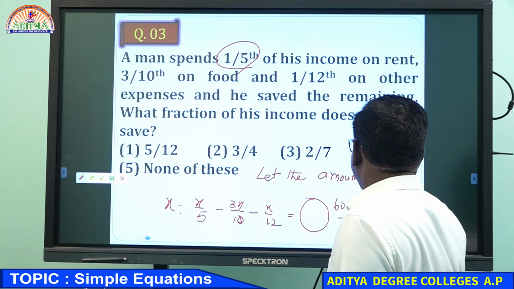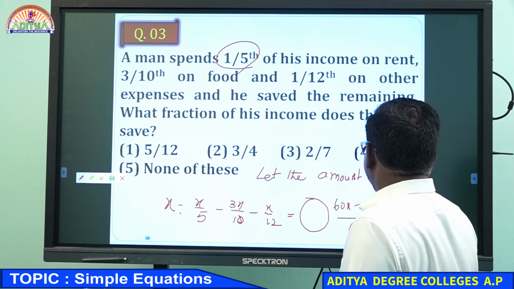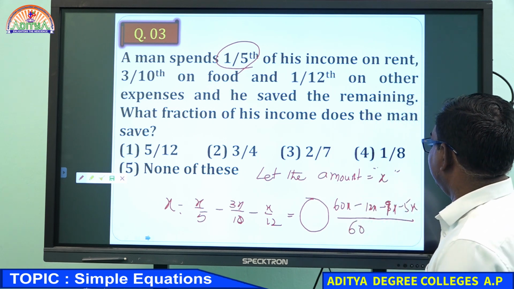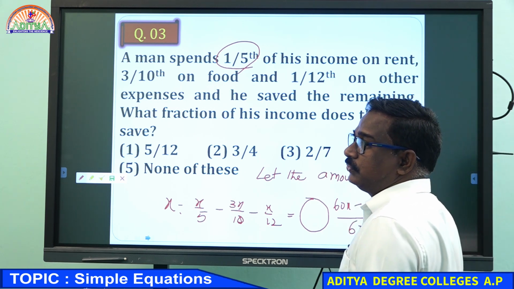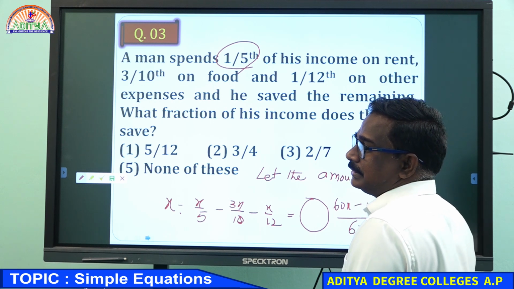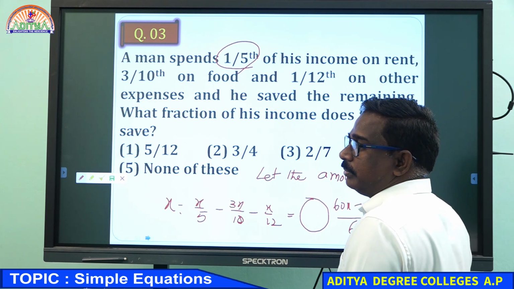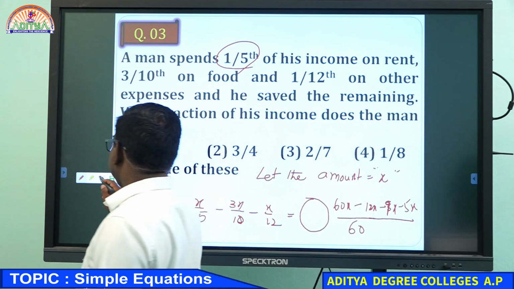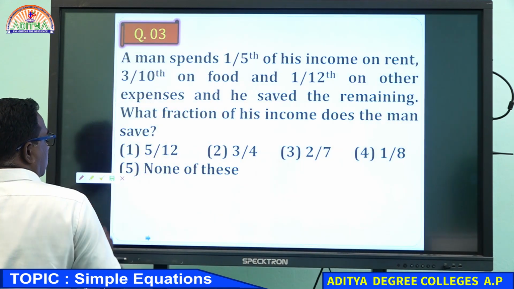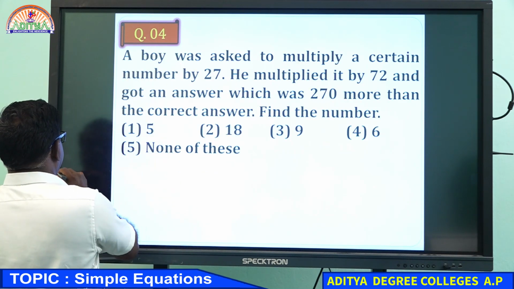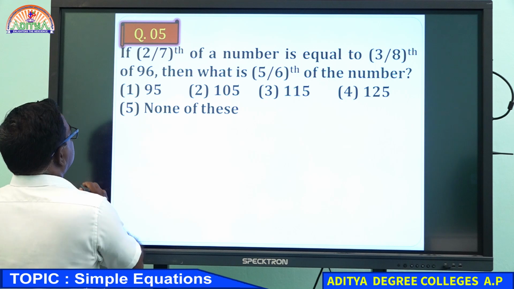What happened here? 60 minus 12, 9 and 5, how much is remaining? 24 is remaining. 24 by 60, if you cancel it, you will get 5 by 12. Option number 1 is correct.